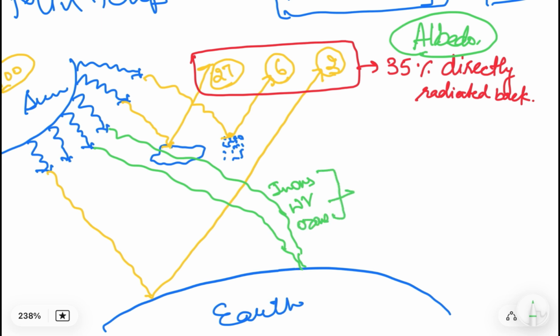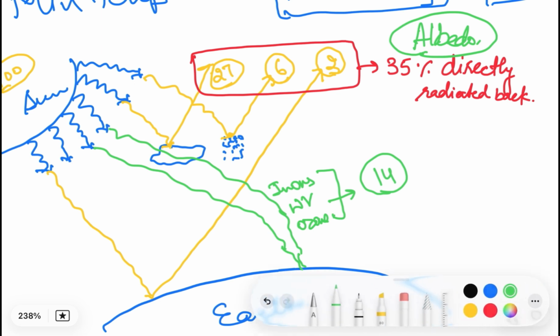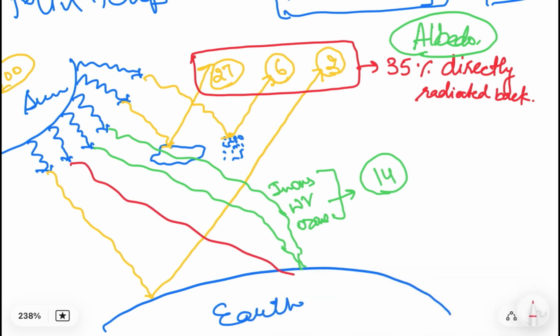So they will collectively absorb 14%, and absorbed by the earth is the 51%. So the remaining 51% reaching the earth is the 51%.